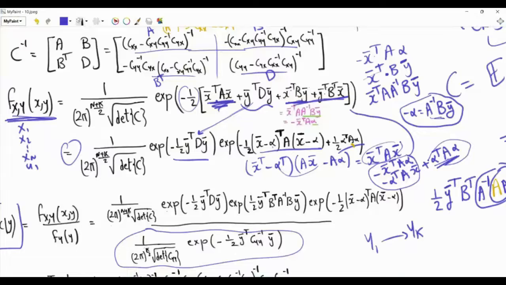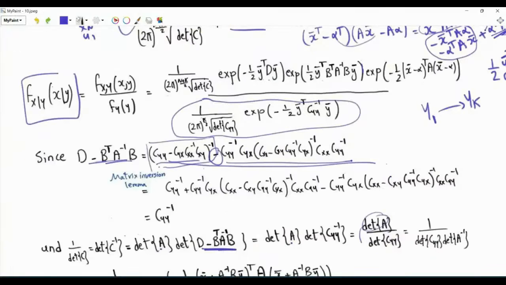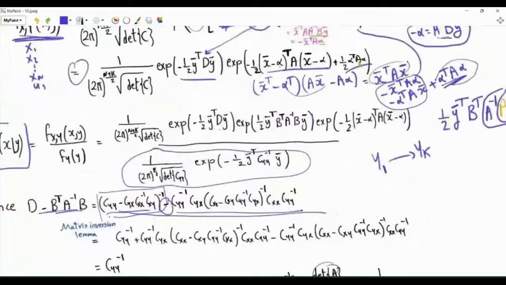When we multiply, we will get a 4th term that is not here. That's this term. And so we will also isolate it after rewriting alpha in terms of A and B and y bar. Now to the conditional distribution. So it is the joint over the PDF of Gaussian vector y. Let's think about these 2 exponentials.